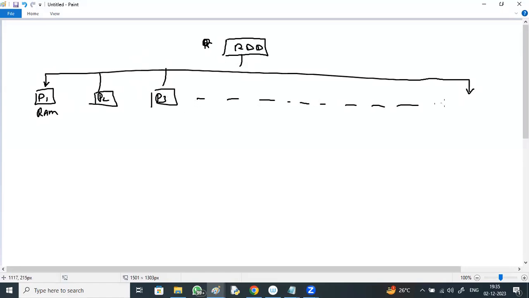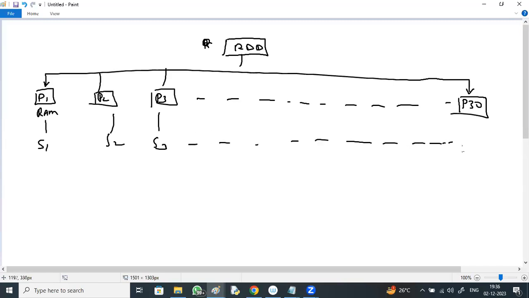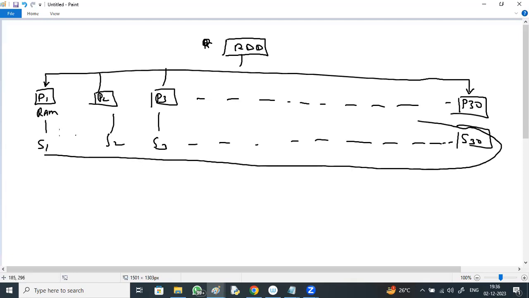In this way, it is divided into 30 partitions, P30. The first partition is in system 1, then system 2, system 3, within the RAMs. All these partitions are executed parallelly by 30 systems.